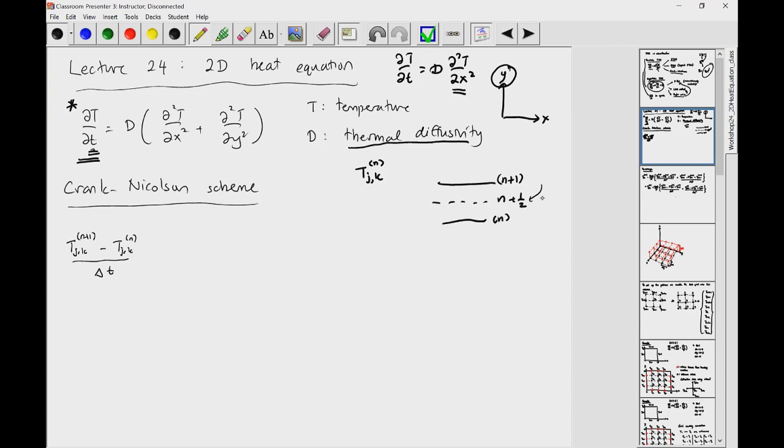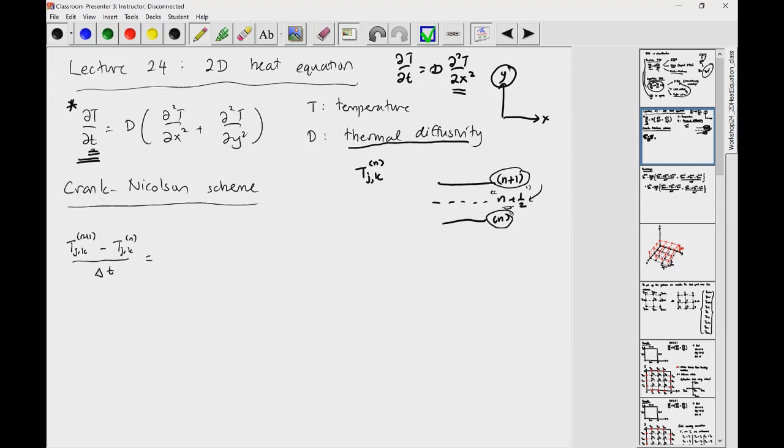This is effectively a second-order, central difference scheme. On the right-hand side, we take the average of the spatial derivative at time level n plus 1 and time level n. Because if the time derivative is taken at the midpoint, the space derivative has to be taken at the midpoint as well. So in this case, it is just a simple average between this and this.